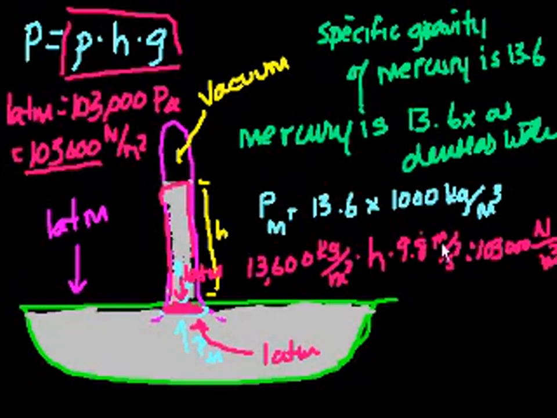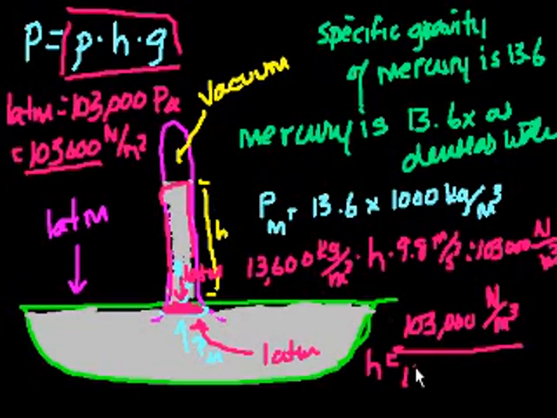So let's see. We could just do all of the math. If we divide both sides by 13,600 times 9.8, we get the height is equal to 103,000 newtons per meter squared over 13,600 kilograms per meter cubed times 9.8 meters per second squared.